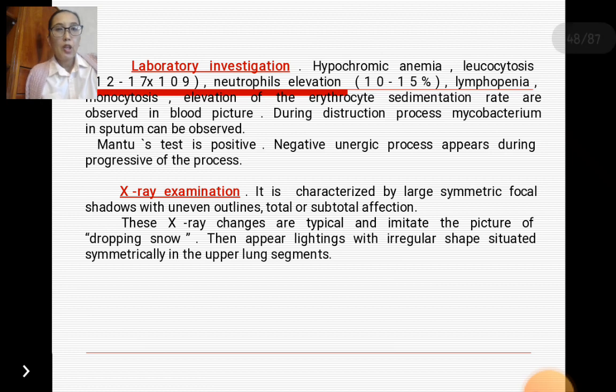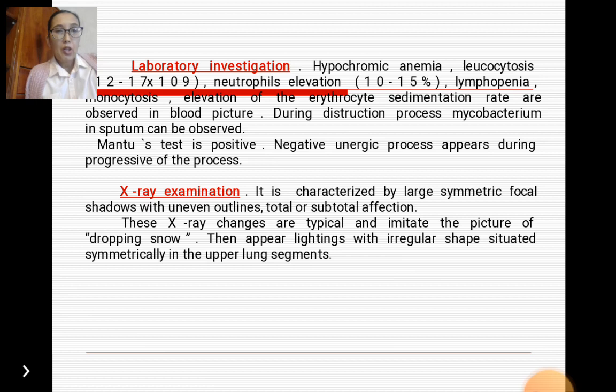Laboratory investigation: hyperchromic anemia, leukocytosis, neutrophil elevation, lymphopenia, monocytosis, and elevation of erythrocyte sedimentation rate are observed in the blood picture. The Mantoux test is positive. X-ray examination is characterized by large symmetric focal shadows with unclear outlines, total or subtotal affection.